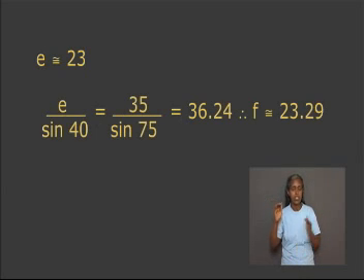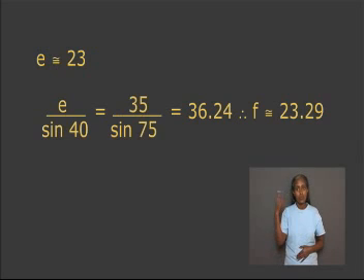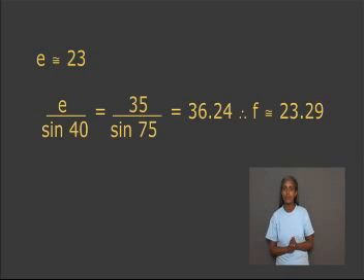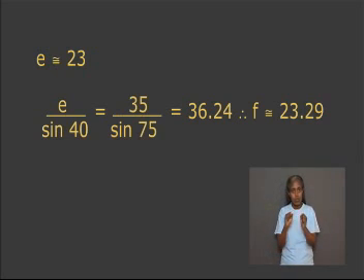Side e is equal to about 23 units. Again, we use the law of sines, which says that e over the sine of 40 degrees is equal to 35 over the sine of 75 degrees. When we solve for e, we get approximately 23 units.